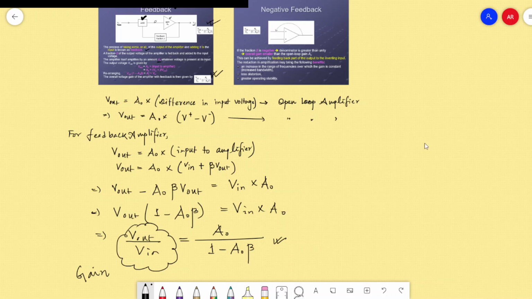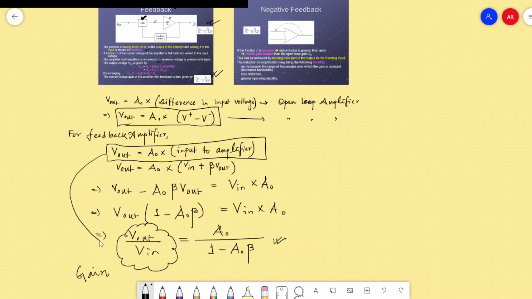For the open loop amplifier, this was the equation we used. For the feedback amplifier, the equation theoretically is this, the derived form: output voltage by input voltage is A naught, the gain, divided by 1 minus gain times beta.